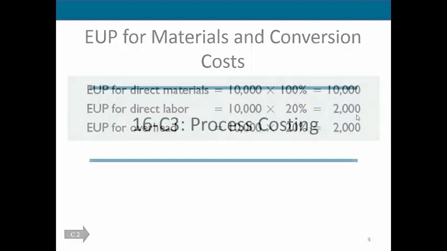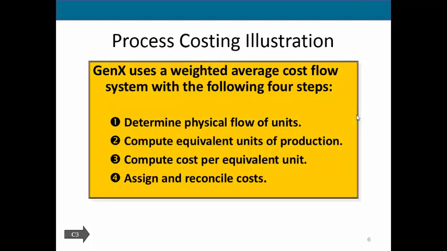We're now going to move through an example of process costing, and you'll see here that we're using the weighted average method of equivalent units. You can use both the weighted average and the FIFO method. In this case, we're going to use weighted average.